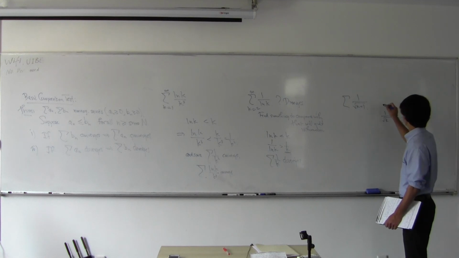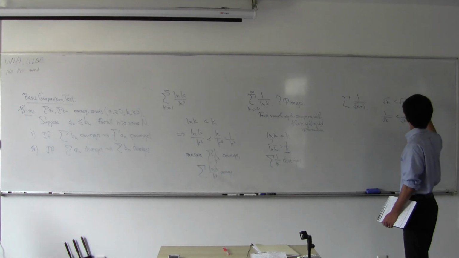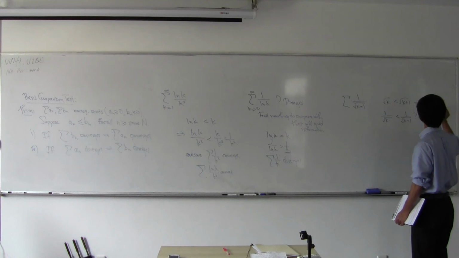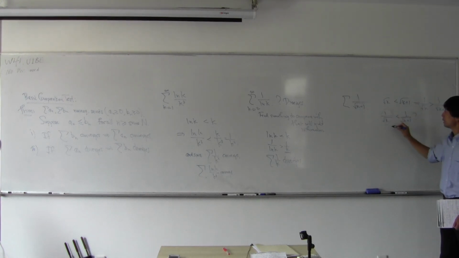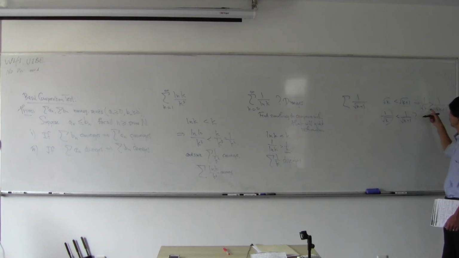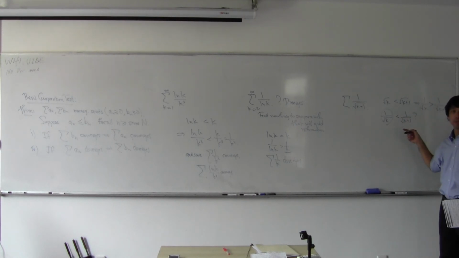I don't think so. Root k plus 1 is actually bigger than root k. So 1 over root k is bigger than 1 over root k plus 1. So you don't want to compare it against this because that's actually something bigger that diverges.